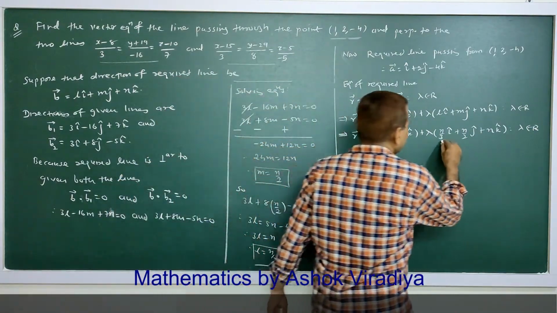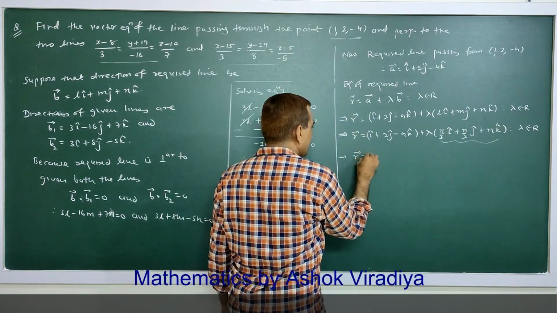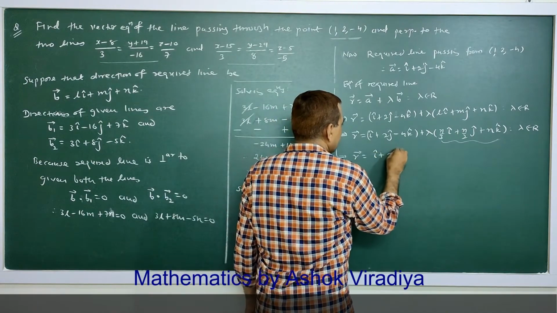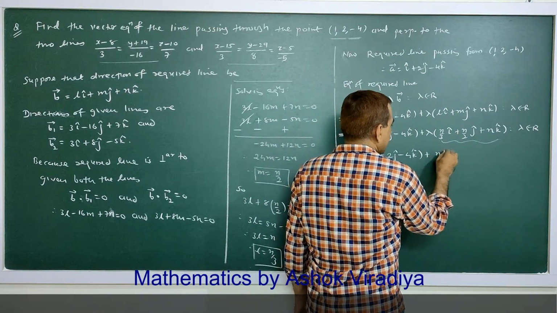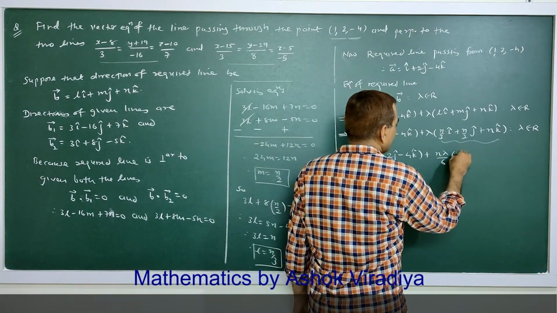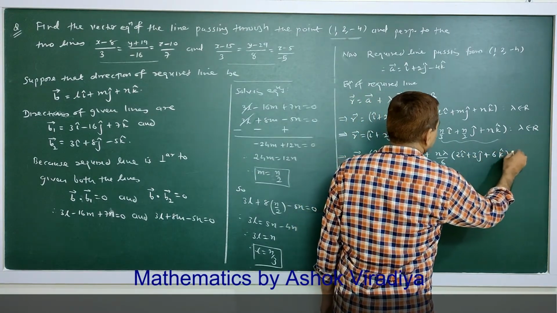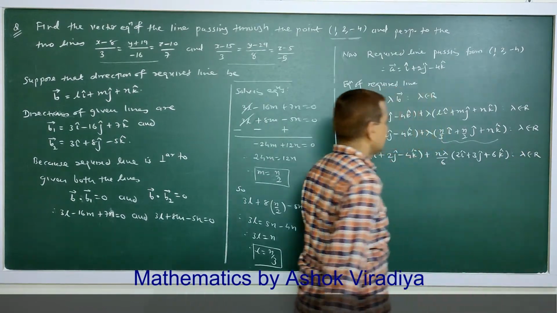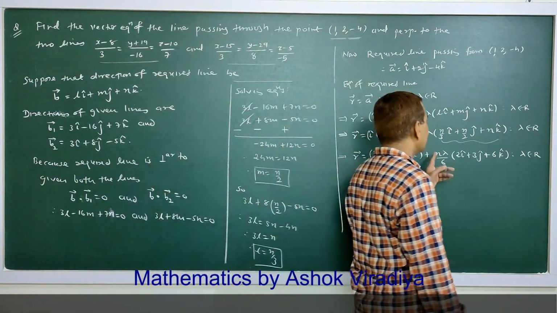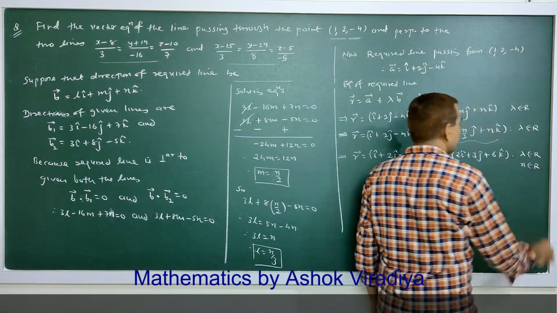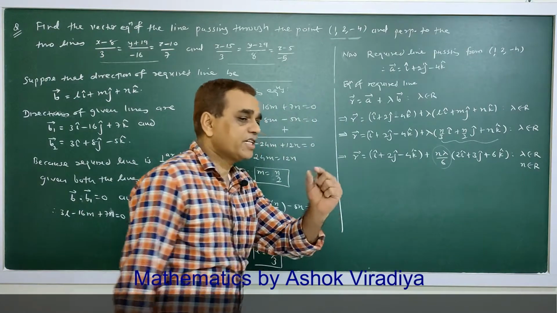Now simplifying inside here, taking LCM 6 and n common, so vector r is i plus 2j minus 4k plus n lambda upon 6 times, 6 is LCM, so 2i plus 3j plus 6k. Lambda belongs to R. n is also a real number. Lambda and n both are real numbers, so whatever this number will be, it is an arbitrary constant.